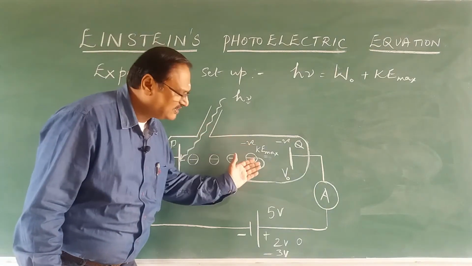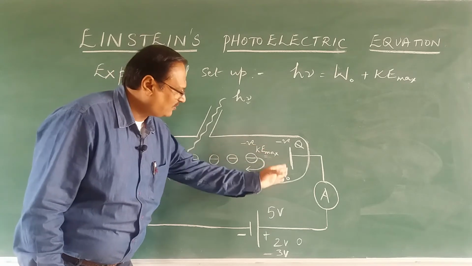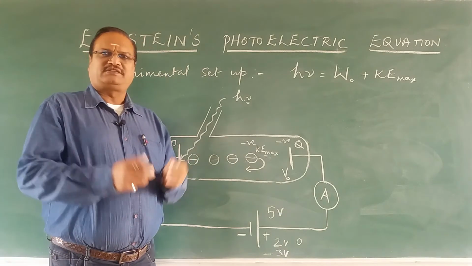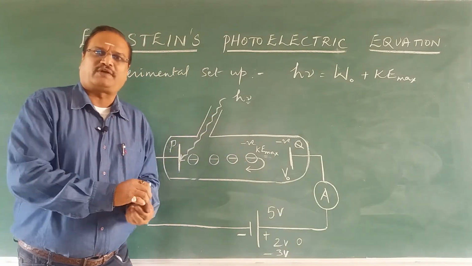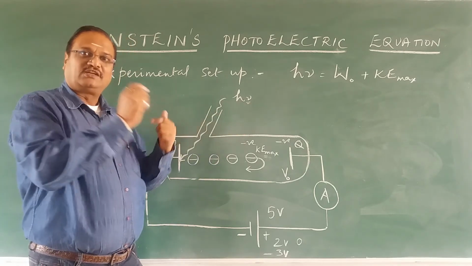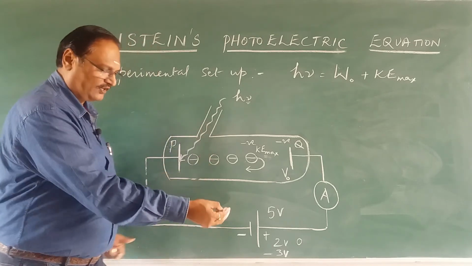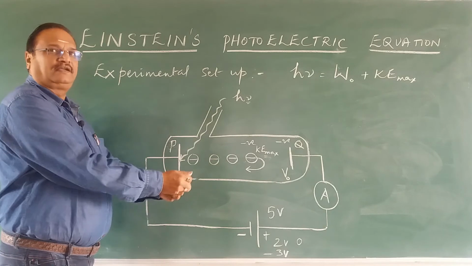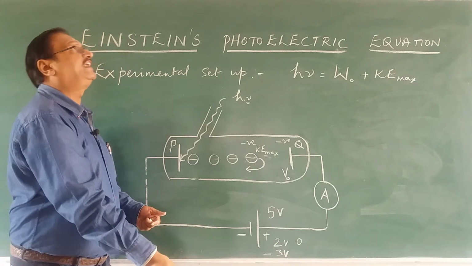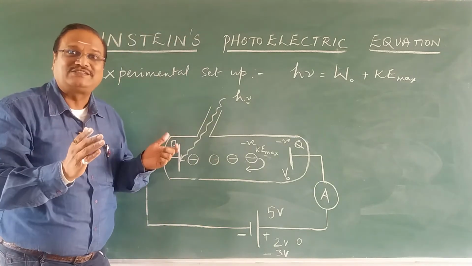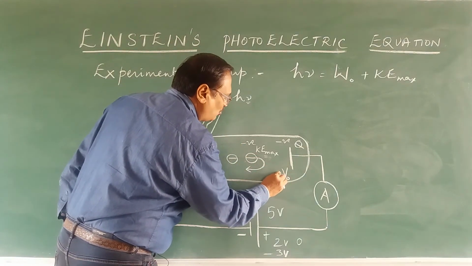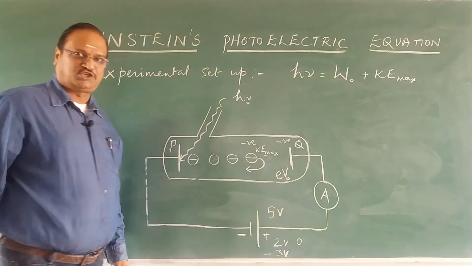Now, the kinetic energy is maximum, and the electron is stopped here and is going to come back. At that time, think of gravitational force, right? The electron is trying to come and it is coming back. Imagine in terms of gravitation: I am throwing a chalk piece up. At a particular point, it momentarily stops and comes back. So what is the energy it possesses at the highest point? That is potential energy. And here it has electrostatic potential energy.